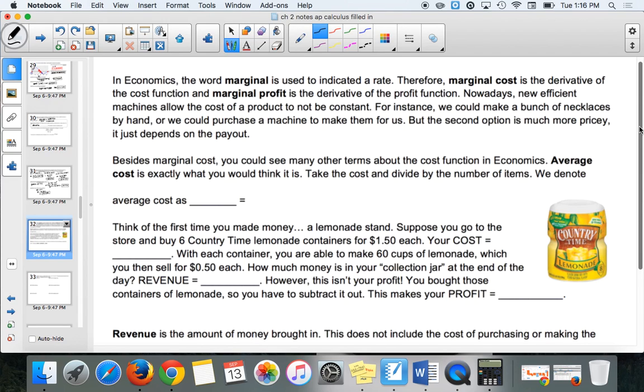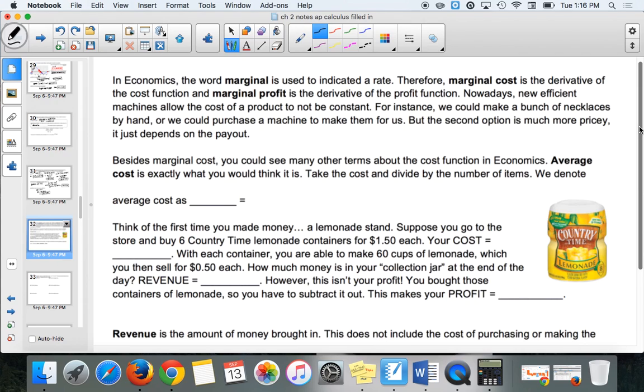Probably not, unless she really plans on making necklaces for the next 5 years at least, okay? There's benefits to purchasing machines to make the cost not as much. But sometimes when you purchase a machine, that makes your cost very, very expensive.